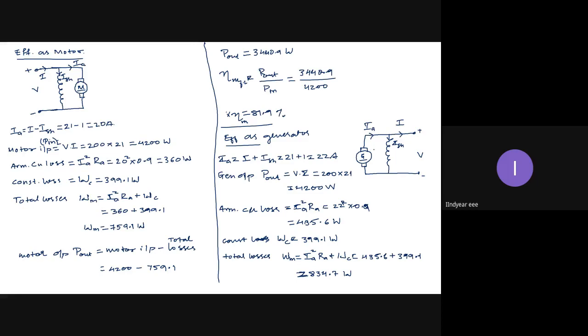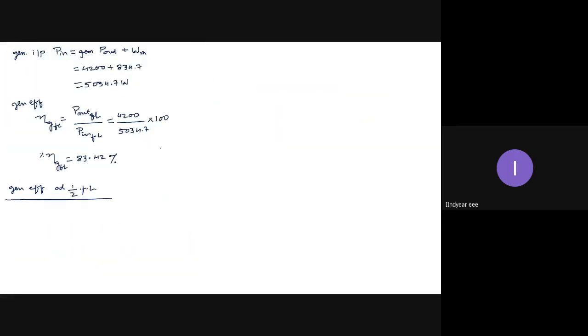Therefore, my armature copper losses will be different. I cannot take the losses as the same Wm just by making the line current half. This Wm is at full load. At half the full load, armature current is different. Therefore, losses in the generator at half the full load are different.